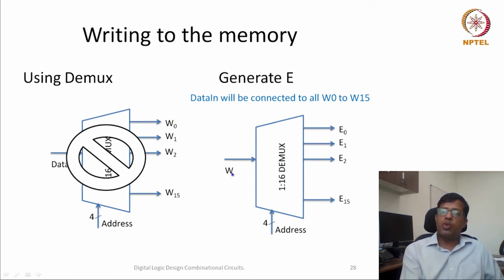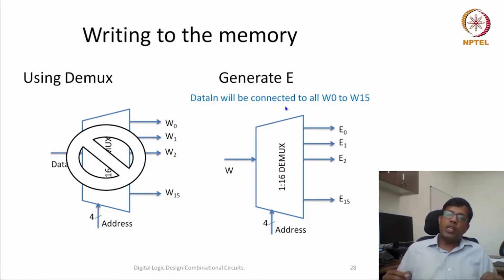Now this W would be used to generate the enable signals, and address is used to do a demultiplexing. So address is working as a control, and W of the input is going to generate the enable signal, and data in is connected to all W0 to W15 of our memory cells.